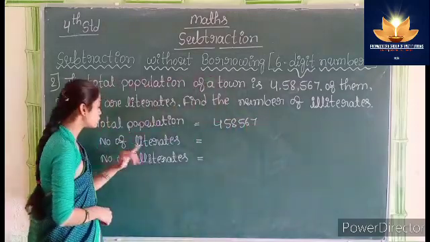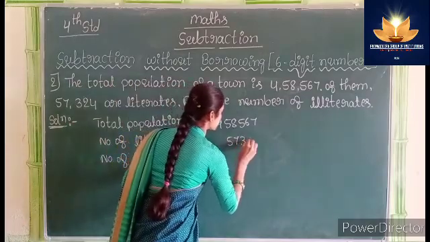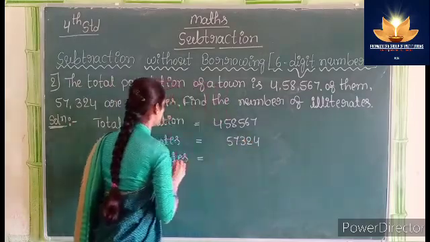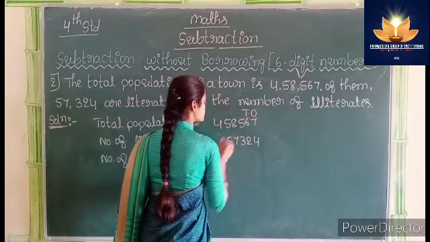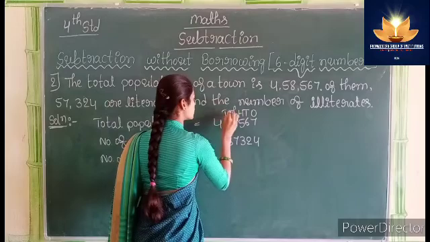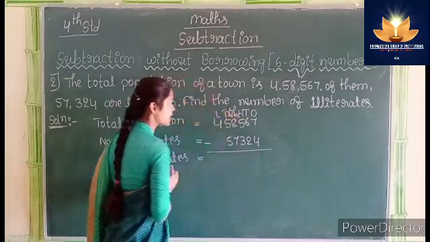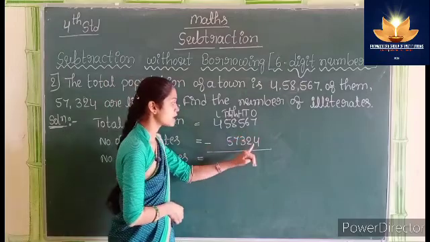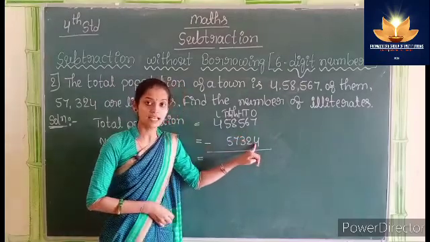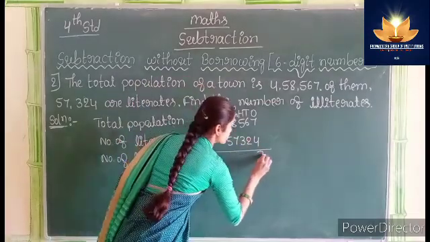4,58,567. Number of literates, that is 57,324. This is ones place, tens place, hundreds place, then this is thousands place, 10,000s place, then lakhs place. First we have to subtract ones place. So 7 minus 4 that is 3 and that 3 should be written in ones place.